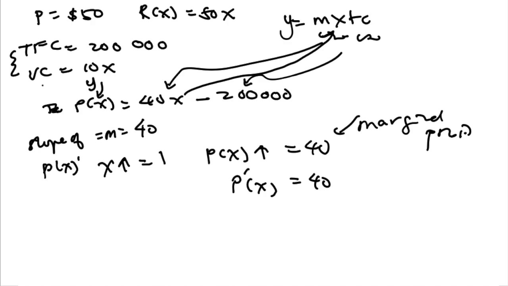Now we know that these two combined give us the cost function, which is 200,000 plus 10x.